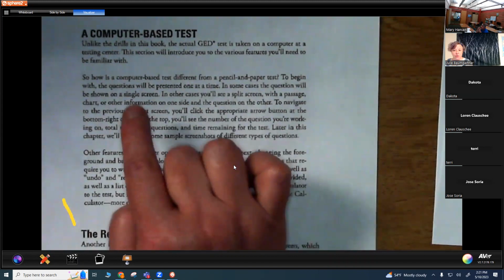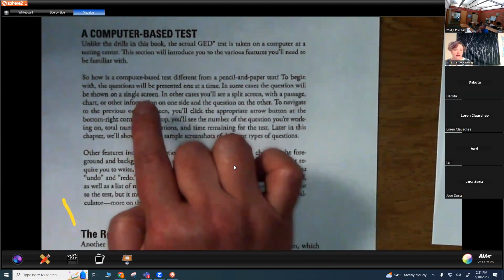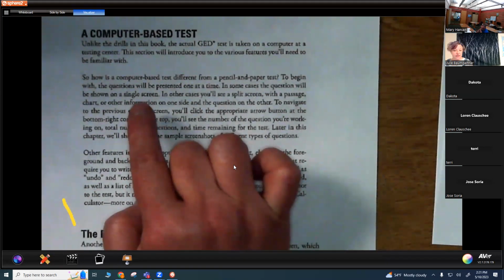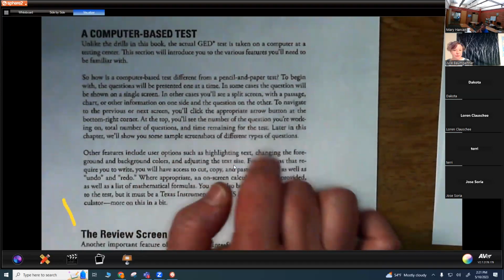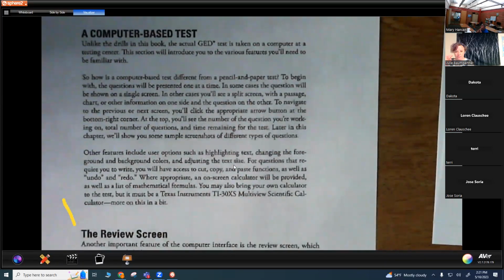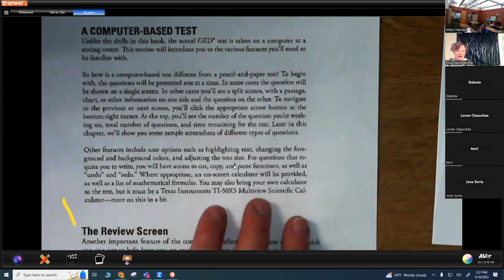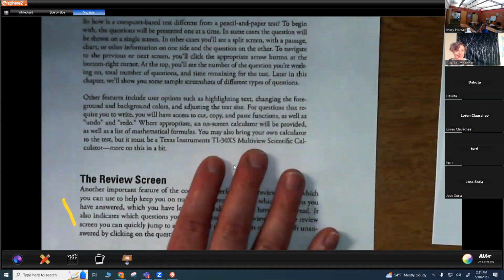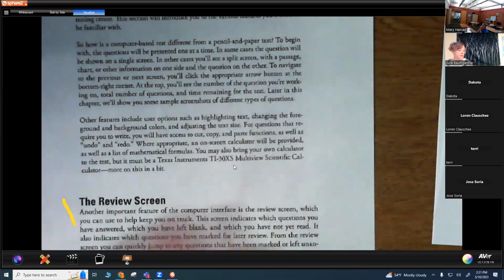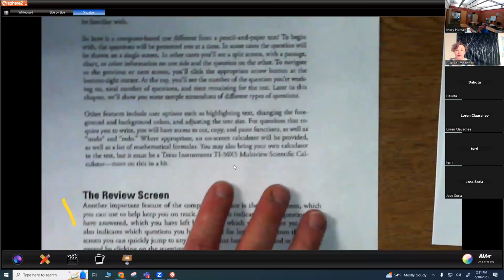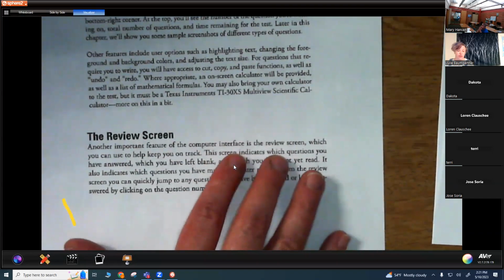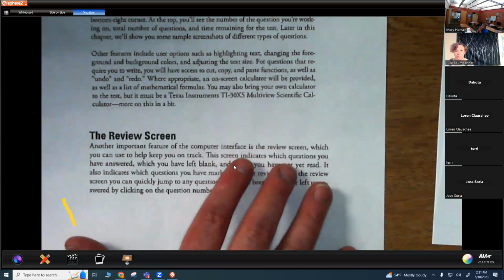You might see just one question per screen. There might be some split screens. And you can navigate like you would on a computer. Taking the GED practice test, you'll use the same kind of interface, so it also helps show you what it'll look like.